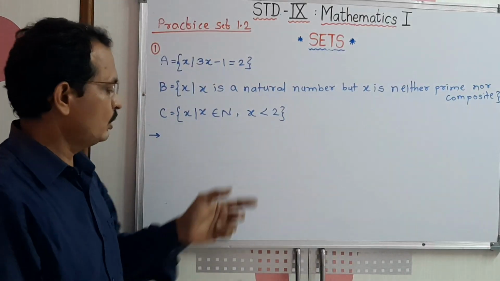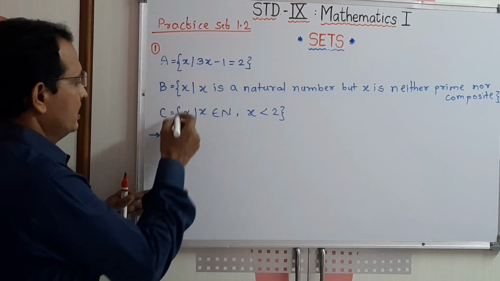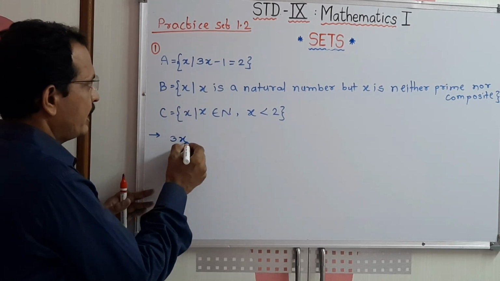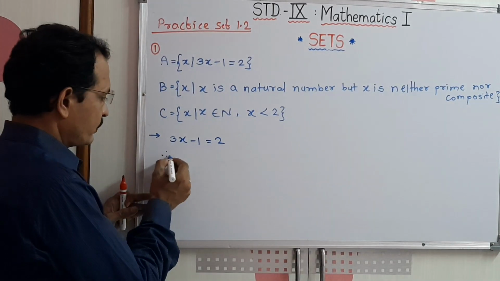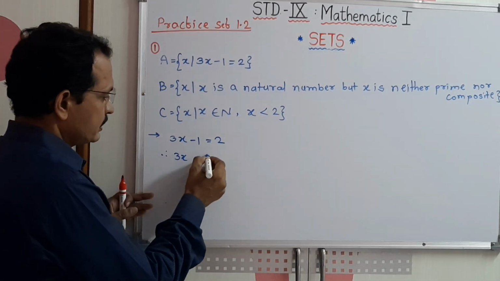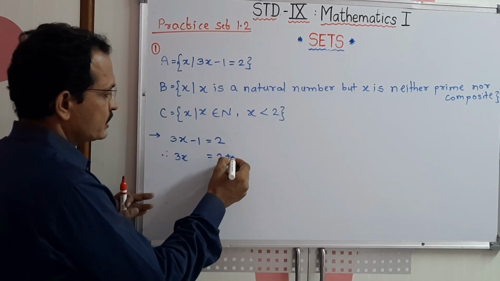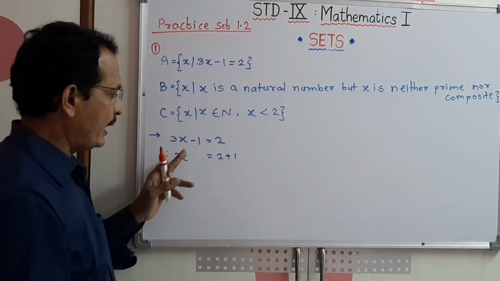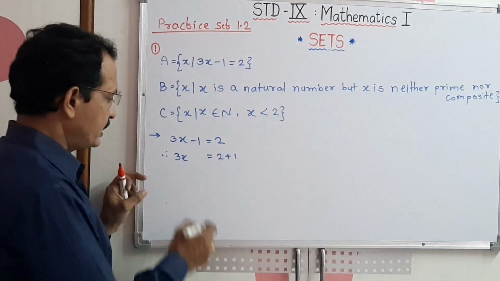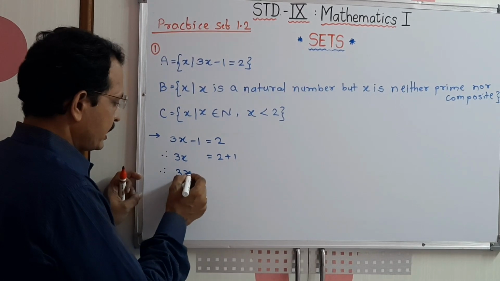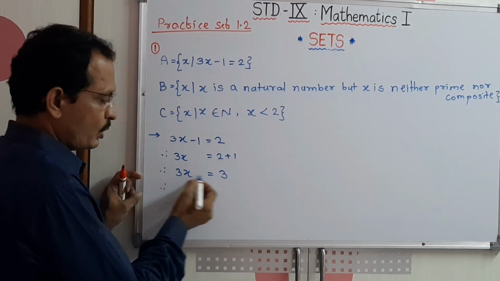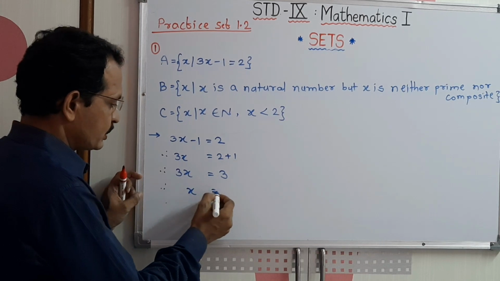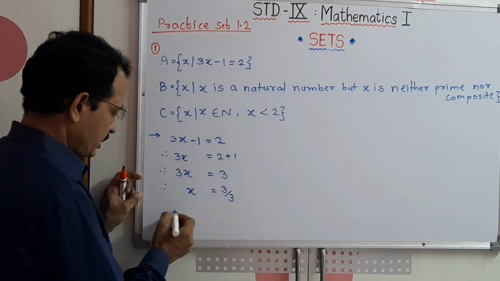Therefore, first of all, we have to solve the equation 3x minus 1 equals 2. Therefore, 3x equals 2 plus 1. Add 1 on both sides, we will get this. Then it is 3x is equal to 3. Divide by 3 on both sides, we get x is equal to 3 upon 3.